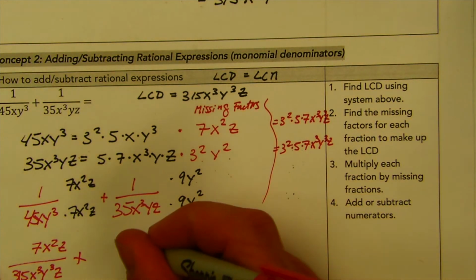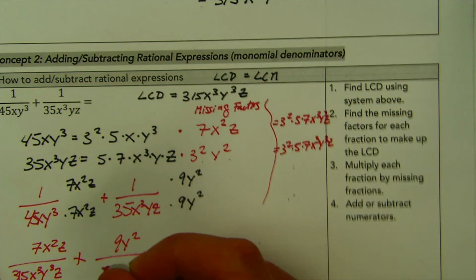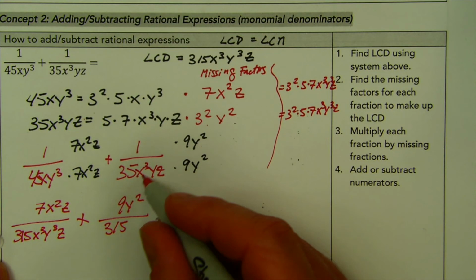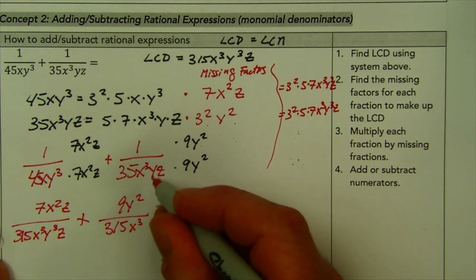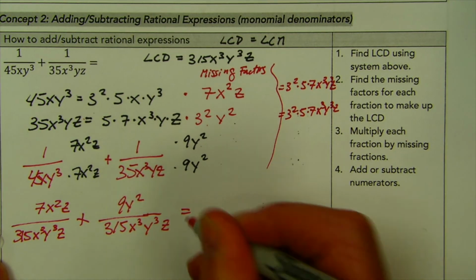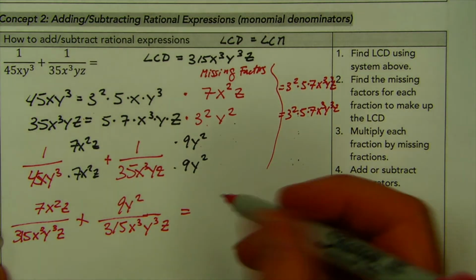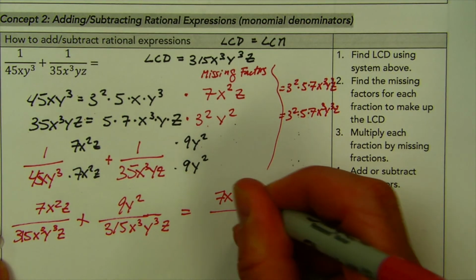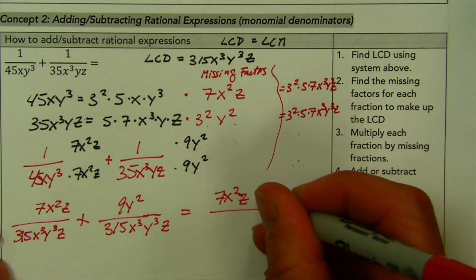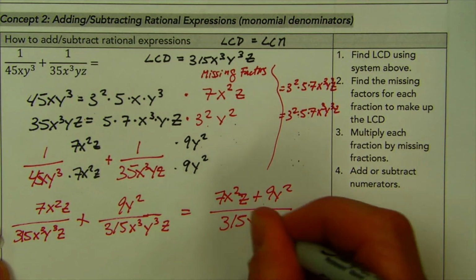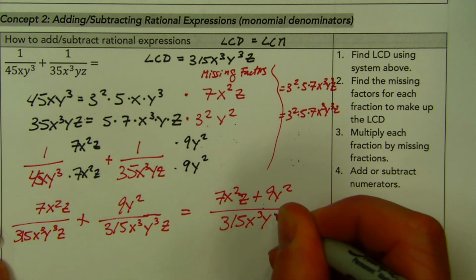And we got 9y squared over 315 x cubed, y times y squared is y cubed, and z. Do we have an LCD? We do, they're both the same. Combine the fractions, put them on top. So we got 7x squared z plus 9y squared over 315 x cubed y cubed z.